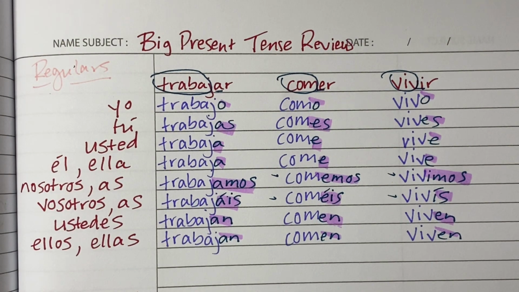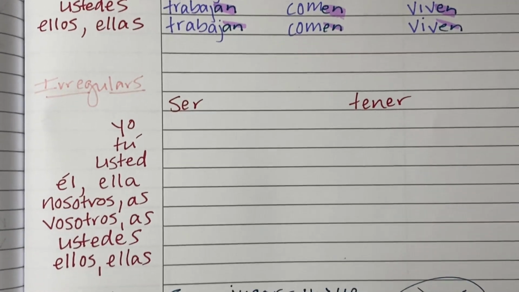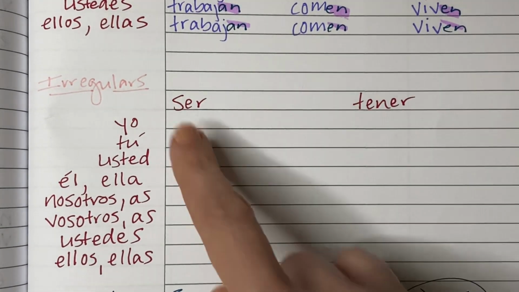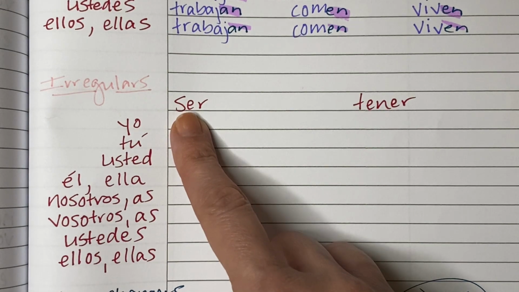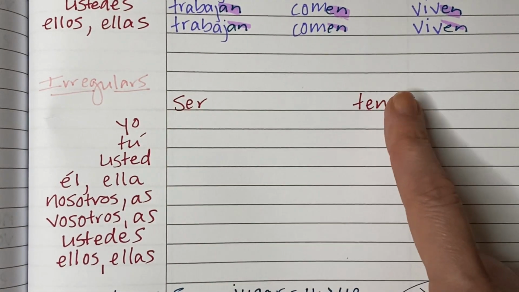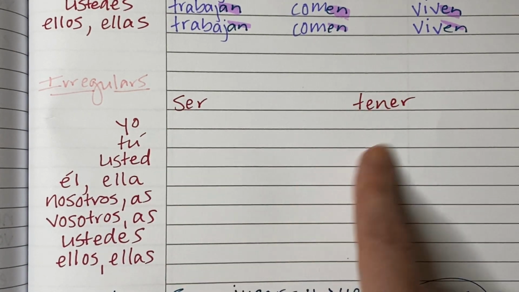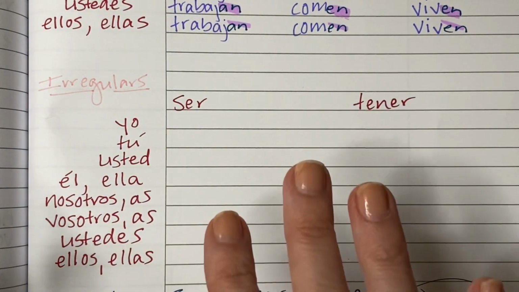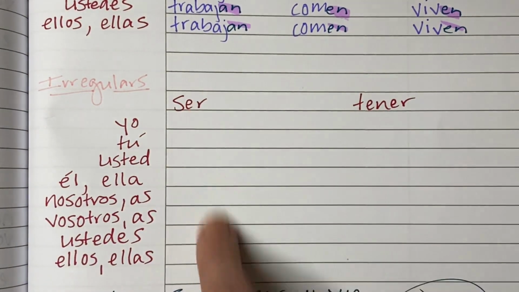We do have lots of irregular verbs in Spanish just to keep things spicy. So two that come up a lot are ser, to be, like I am or you are or she is in English. And then tener is to have. I have, he has, we have. You can hear even when I'm saying the English conjugations of those verbs that they're irregular in English as well. So let's just start with ser.